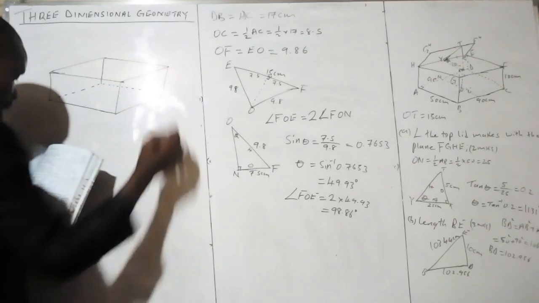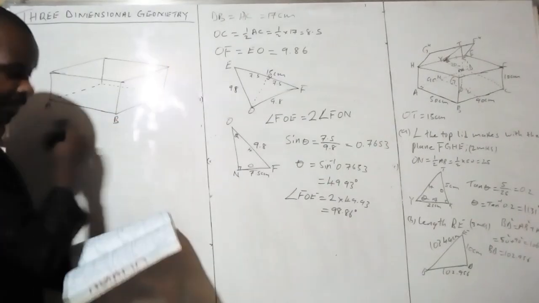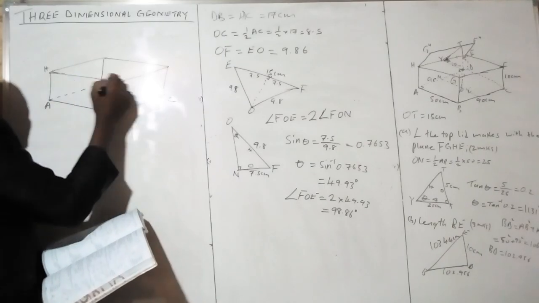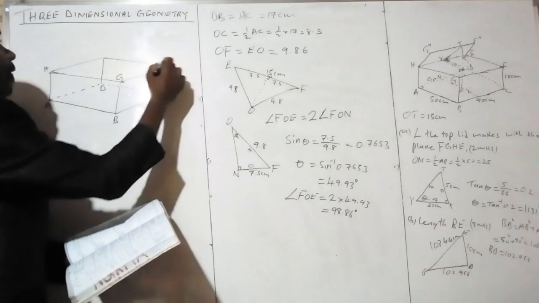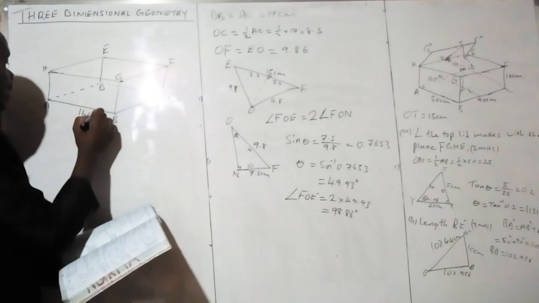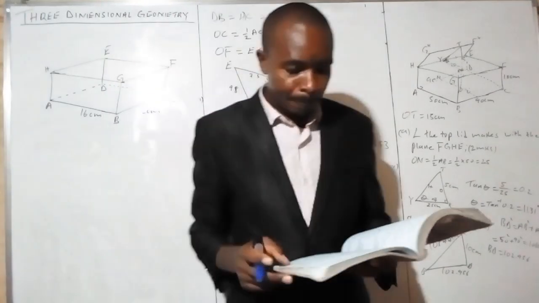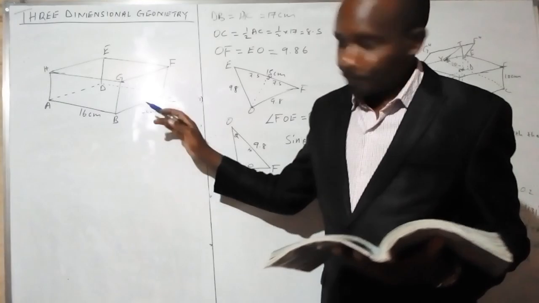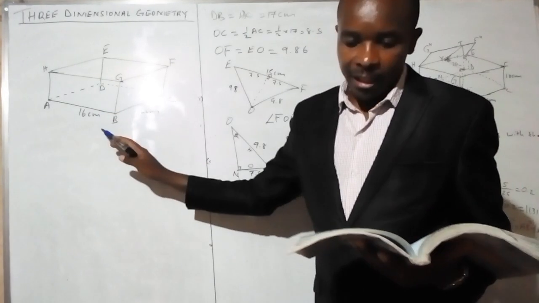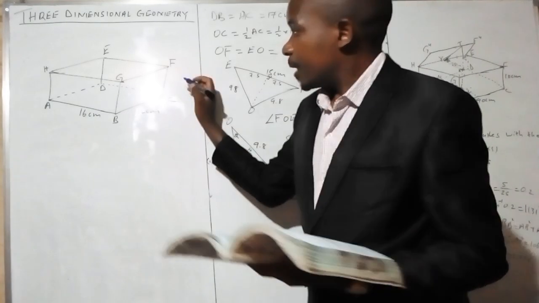Then we have A, B, C, D, H, G, F, E. This is 16 centimeters, 12 centimeters. You'll be told the figure below represents a cuboid in which AB is 16 centimeters, BC is 12 centimeters, and CF is 6 centimeters.